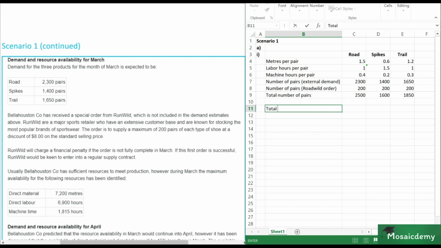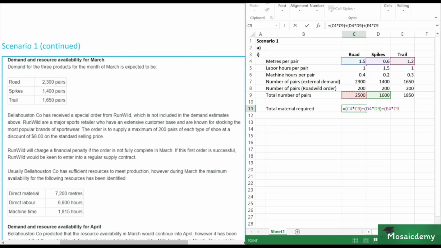Okay, so now we need to calculate the requirements. So total material required, which will be, you take the materials per pair and multiply it by the total number of pairs for each of these products. And what we'll do is we'll fix the formula so that we can copy it down below for the labor hours and machine hours as well.